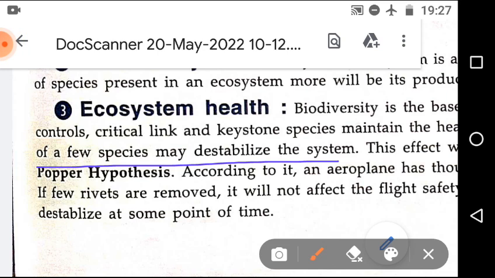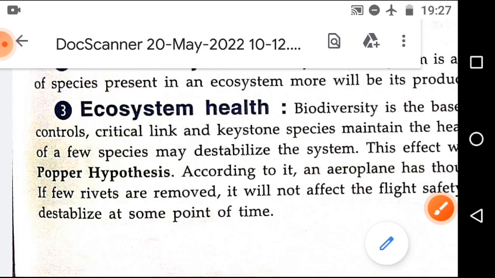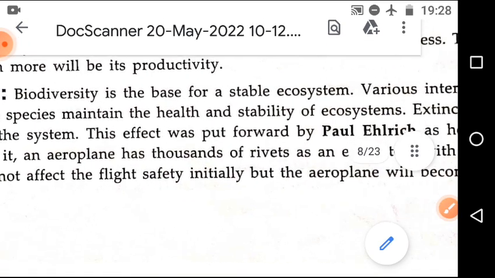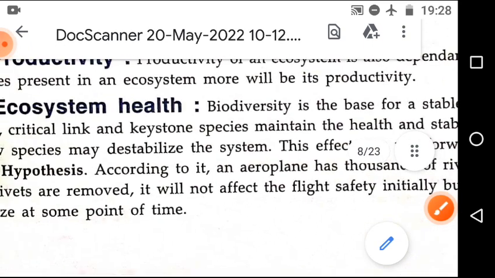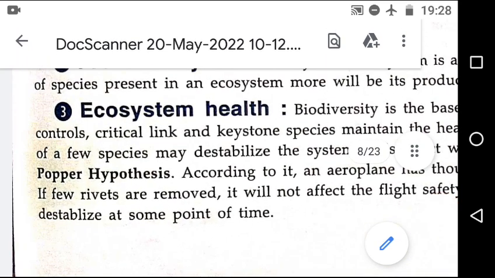This experiment has been done by a scientist named Paul Ehrlich, a famous scientist of England. Paul Ehrlich has not actually done an experiment, he has proposed a theory, a hypothesis, and the name of the hypothesis is the Rivet Popper hypothesis.